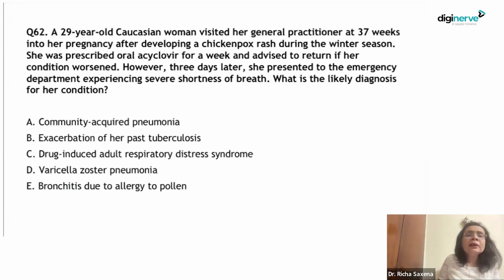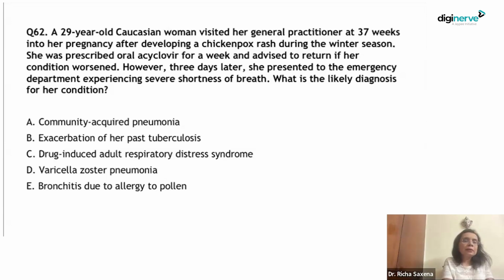A 29-year-old Caucasian woman visited her general practitioner at 37 weeks into her pregnancy after developing a chickenpox rash during the winter season. She was prescribed oral acyclovir for a week and advised to return if her condition worsened. However, 3 days later, she presented to the emergency department experiencing severe shortness of breath.